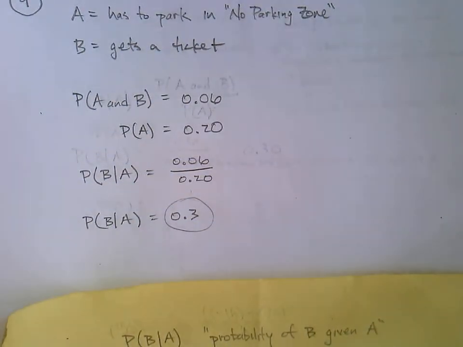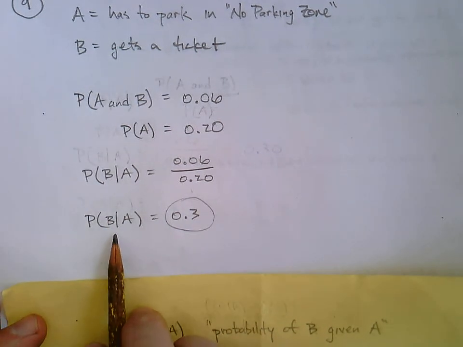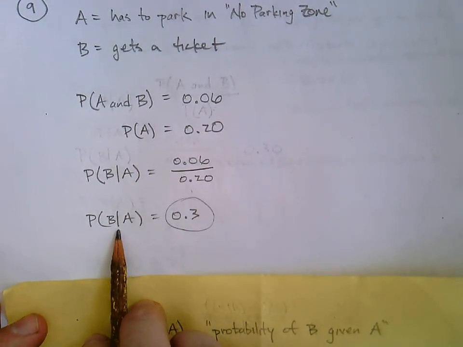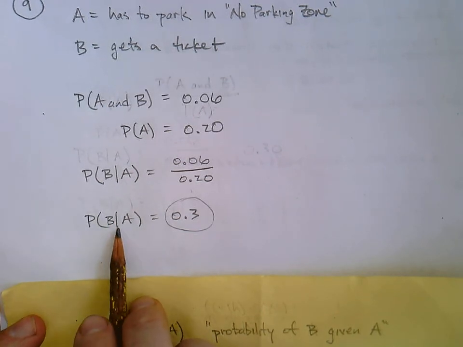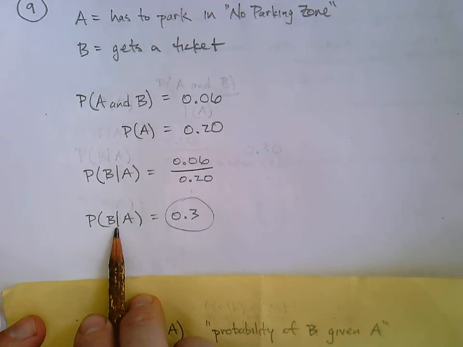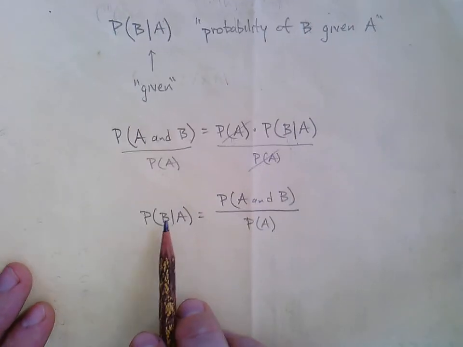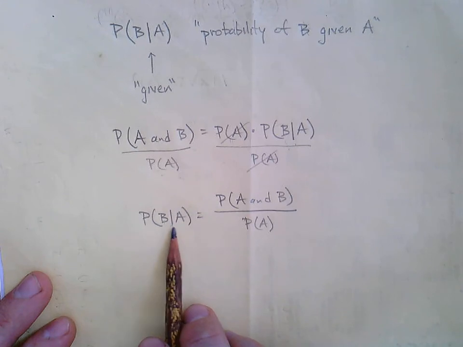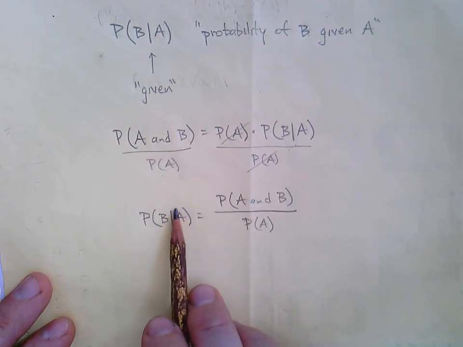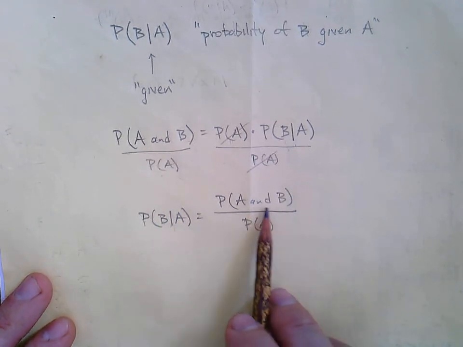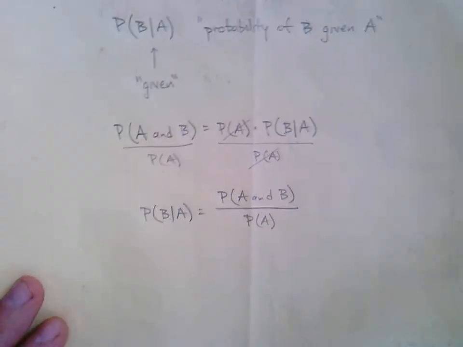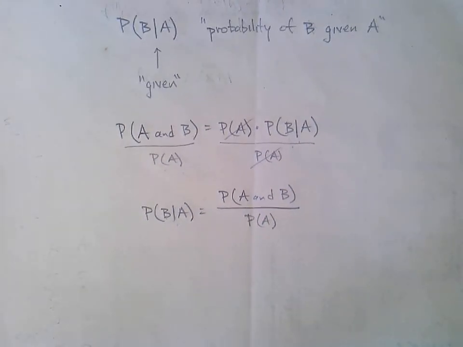In fact, even this symbol, which seems kind of strange and foreign, that vertical line, comes from division. Probability of B given A, it's like we're dividing by A, dividing by the probability of A. And that's a good way to remember.